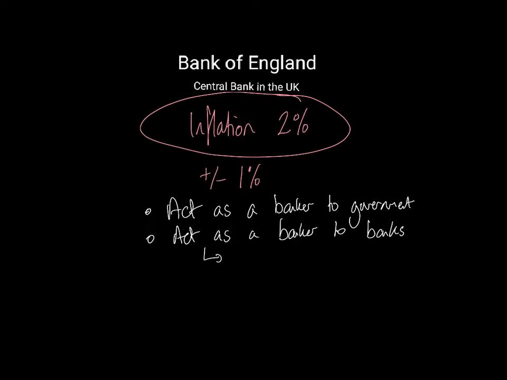This also includes an important function known as the lender of last resort, and this was tested in the financial crisis back in 2008, where if a bank is experiencing severe liquidity problems, then the central bank should step in, and in order to maintain the stability of the financial sector, the central bank should make sure that bank maintains its liquidity.